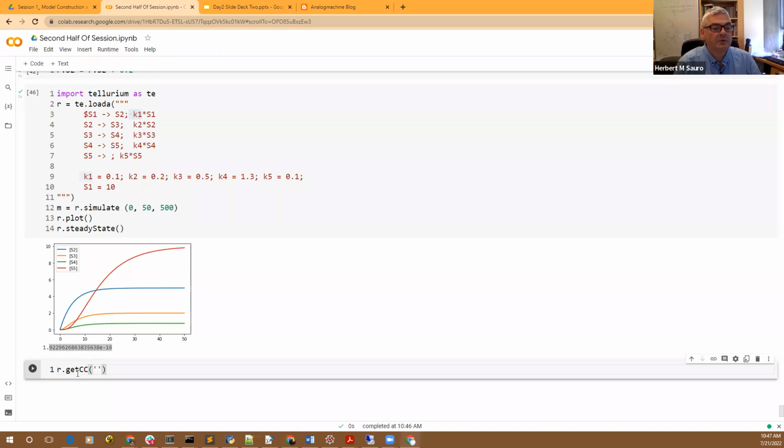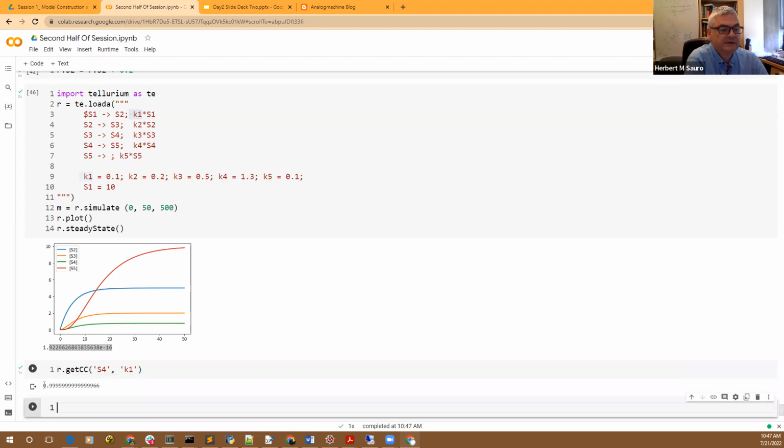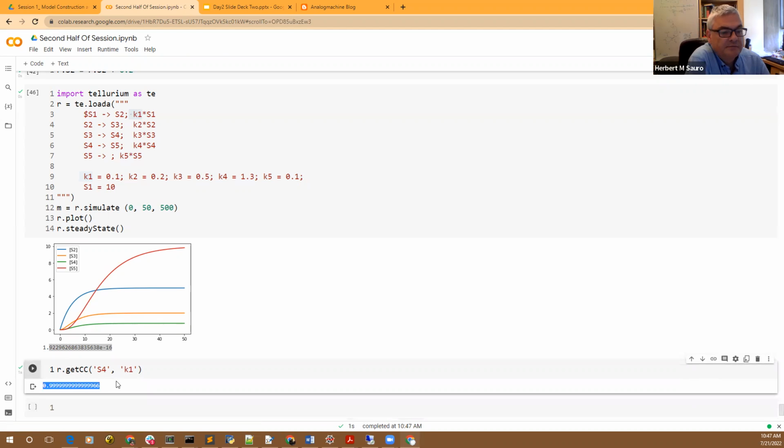The first is what you are observing, and I'm going to observe S4 as a result of changes to K1. If I run that, I get a number. It's basically 1. So it's saying that if I change K1 by 1%, I'll get a 1% increase in S4.